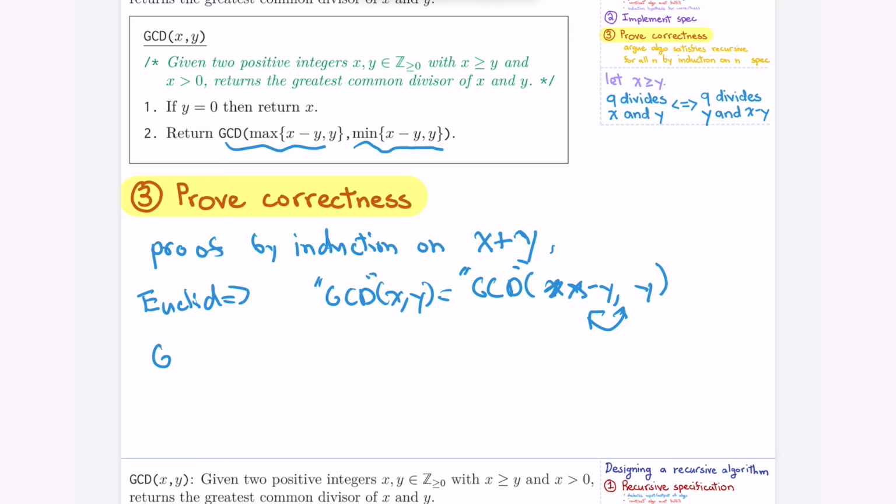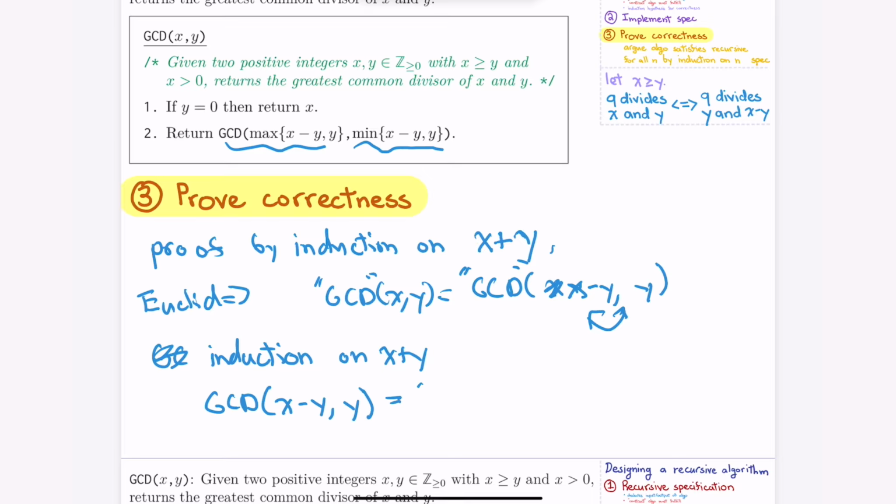And our algorithm by induction on x plus y tells us that when I call GCD, I'm not going to write the max min stuff, x minus y, I will really get the mathematical GCD of x minus y and y. Hopefully that notation makes some sense.